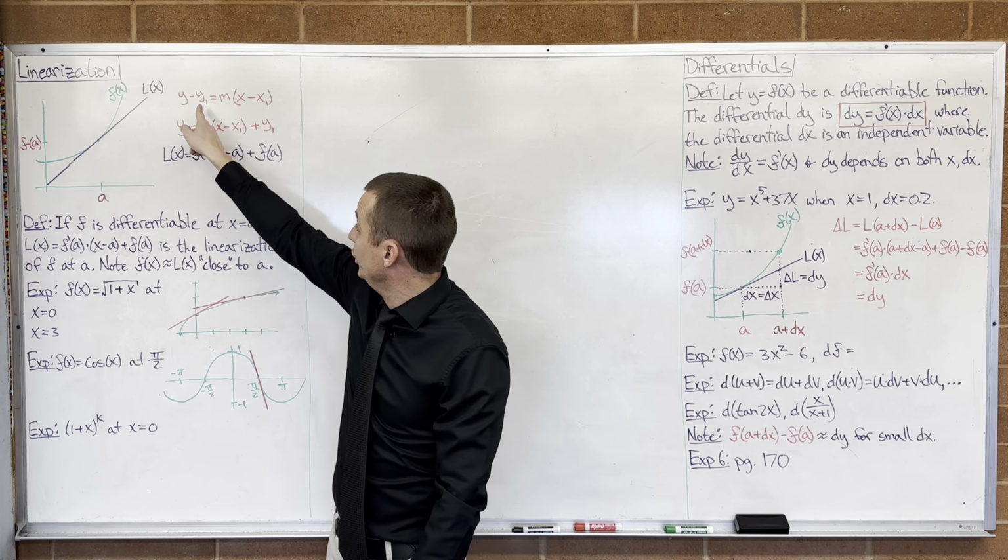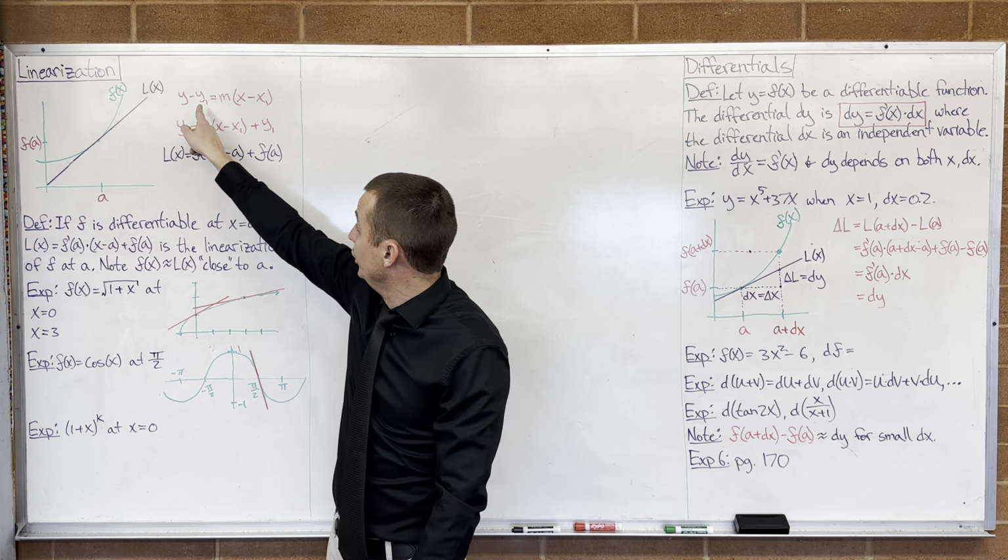And then we have x minus, what's our x1? A. Plus, what's our y1? F of a. Because that line goes through the point a, comma, f of a. So we replace x1 with a, and y1 with f of a. And there you go, there's your linearization.